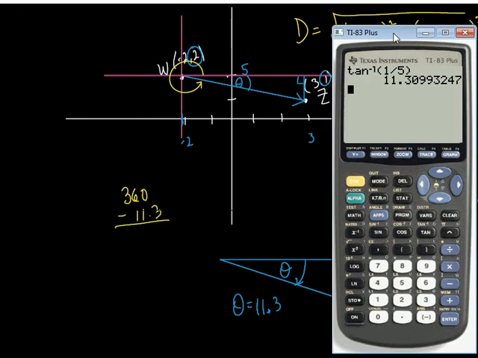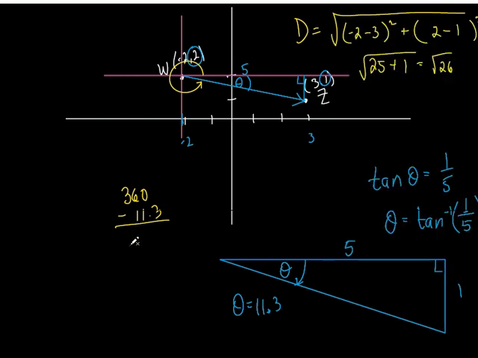I should be able to just do that in my head, but I'll do it here anyway. 360 minus 11.3 gives you 348.7 degrees. That is my direction because it's from the positive x-axis counterclockwise until you hit your vector.